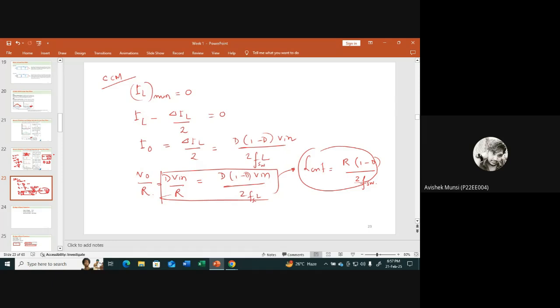Fine. So now we will design a buck converter step by step by implementing this formula. Try to solve it by yourself, and I will discuss it step by step.